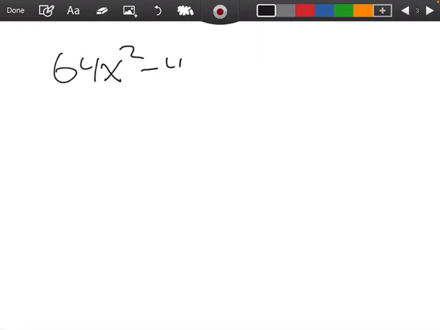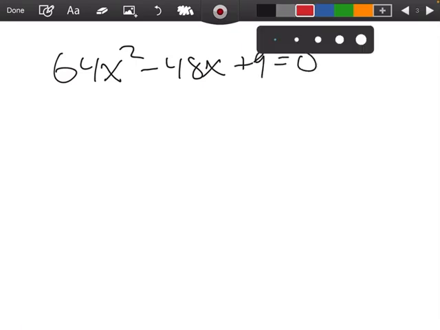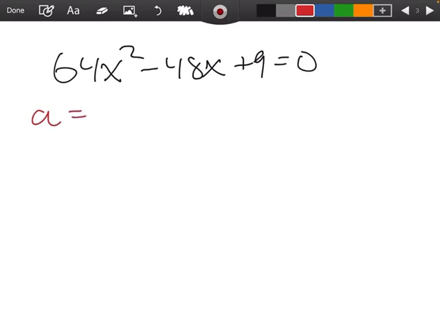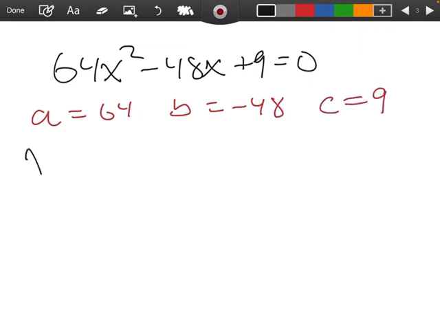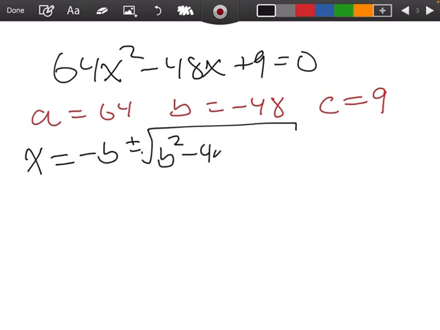64x squared minus 48x plus 9 equals 0. Now, you don't have to do this, but I want to show you that we could use the quadratic formula, y'all, and we would get the same exact answer, okay?